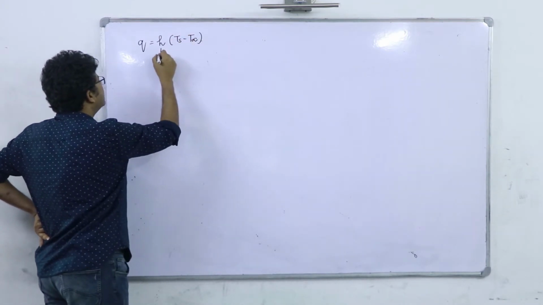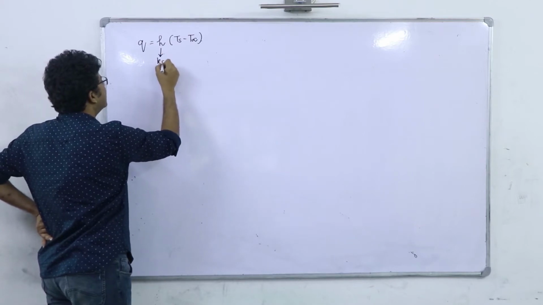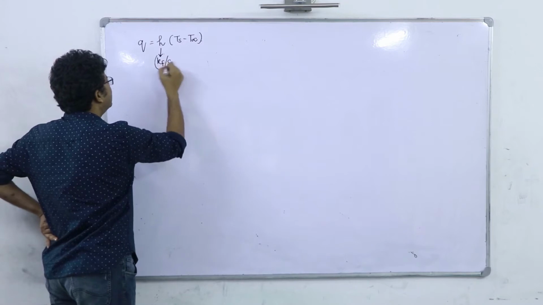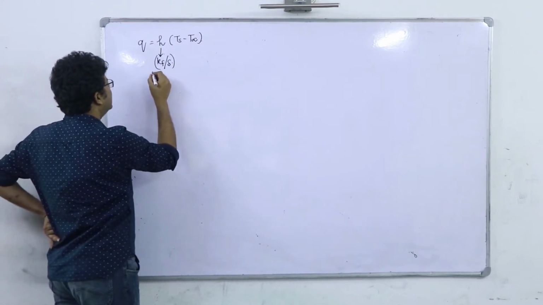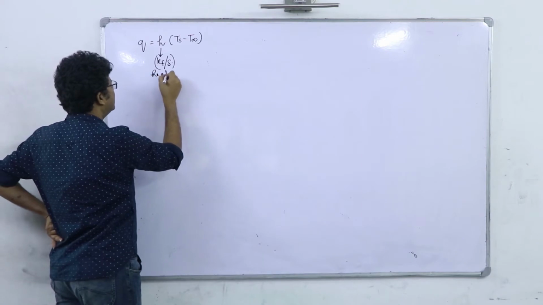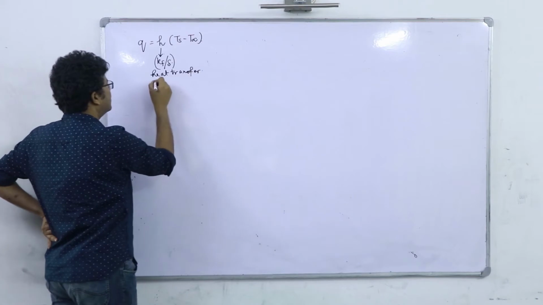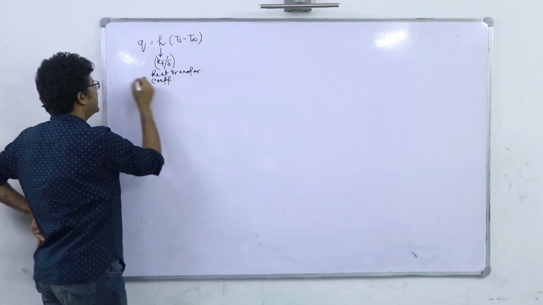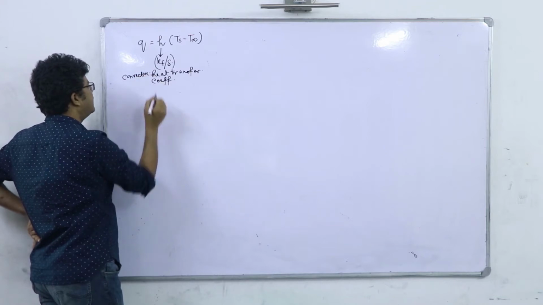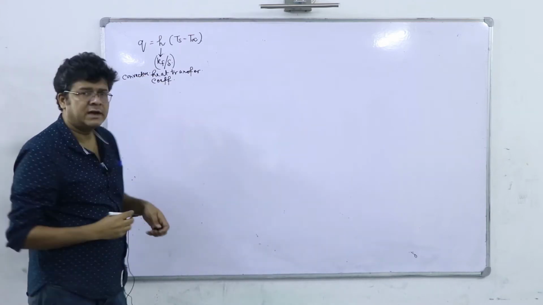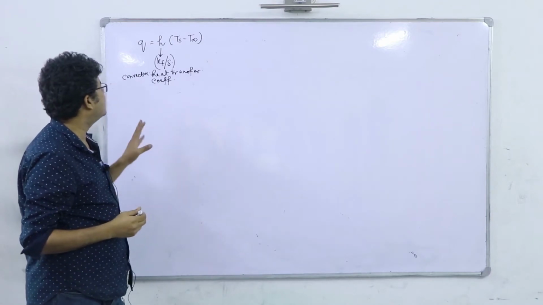H we have referred to as Kf by delta, and we have lumped this into the parameter H, and we call it the heat transfer coefficient, or rather the convective heat transfer coefficient. Alternatively, it is also referred to as the effective film heat transfer coefficient.